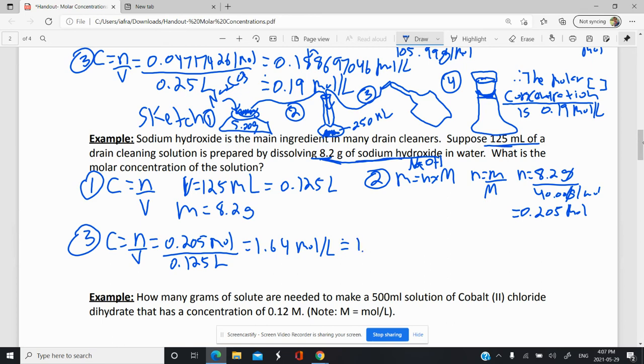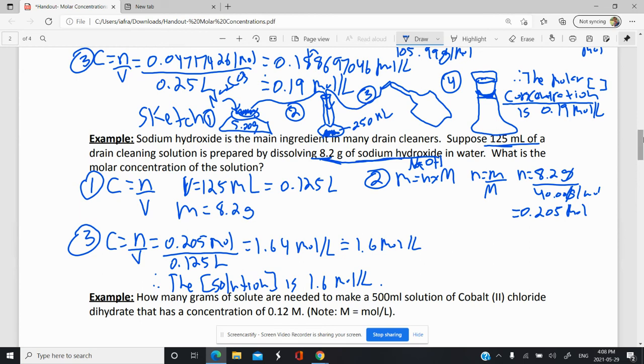So about 1.6 moles per liter. And you can write a therefore statement. So therefore, the concentration of the solution is 1.6 moles per liter.